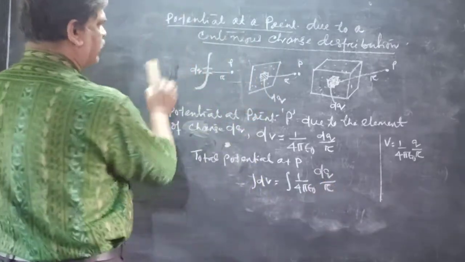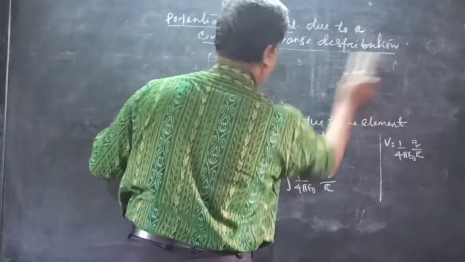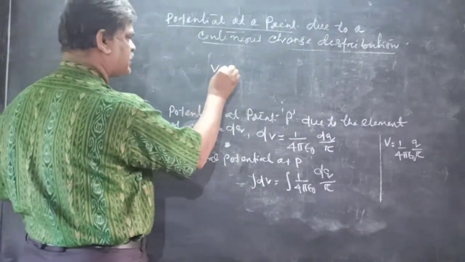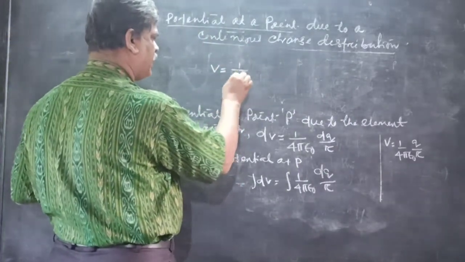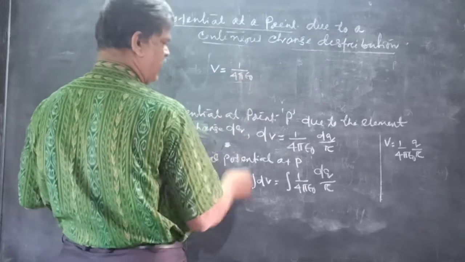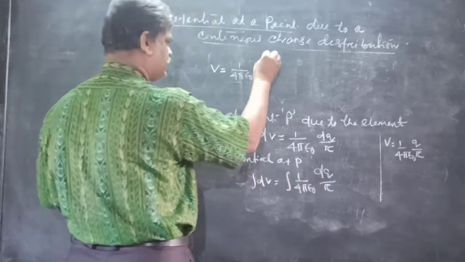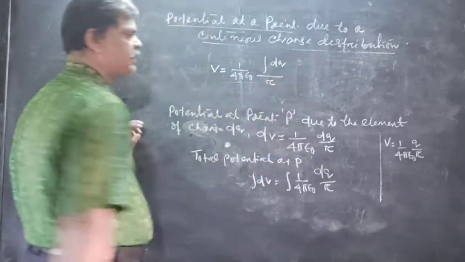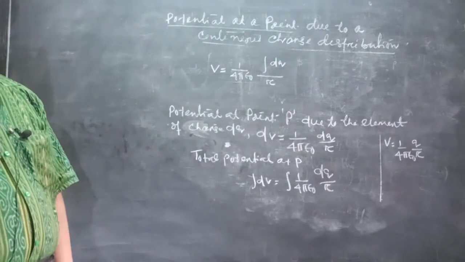Clear? Then we can write total potential V is equal to 1 by 4 pi epsilon 0 times the integration of dq by r. Clear? Integration of dq by r.